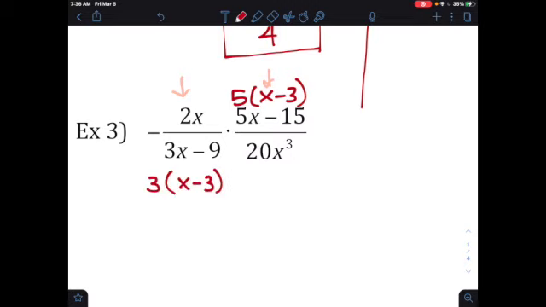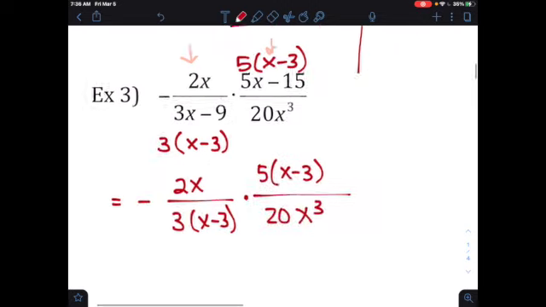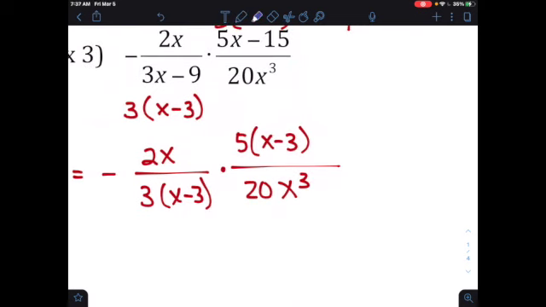And then the next one, since it's one term, you can cancel. So to rewrite it to be more clear, that's going to be negative 2x over 3 times x minus 3, times 5 times x minus 3, and then you have 20 times x to the third. Then I'm going to use a highlighter to cancel it so you guys can see. As long as you cancel one on top, one on bottom, if you cancel diagonally, it's totally okay.